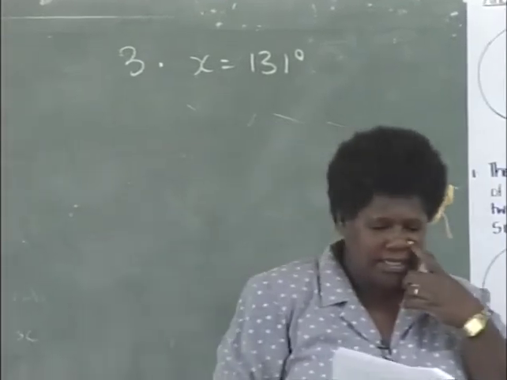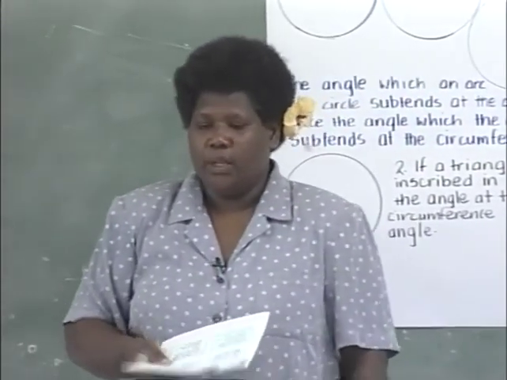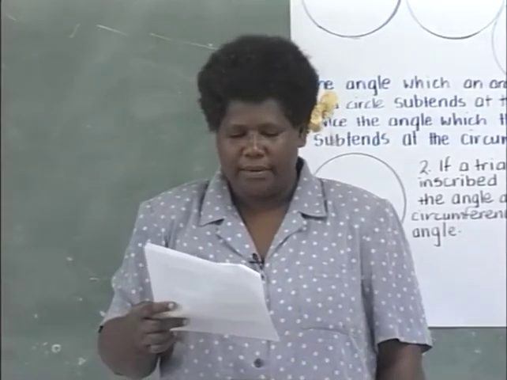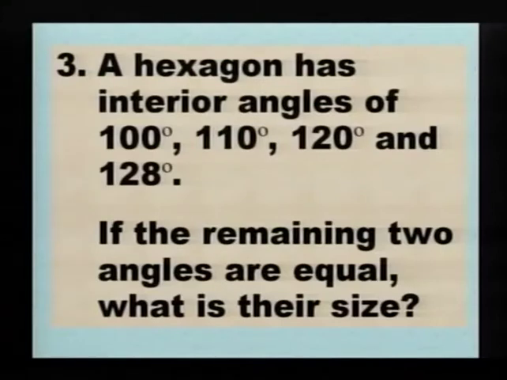Okay, because it is a hexagon, the sum of the interior angles will be 720. So you just add 100, 110, 120, 128 plus those 2 missing angles. You will get 720. So one missing angle is 131.